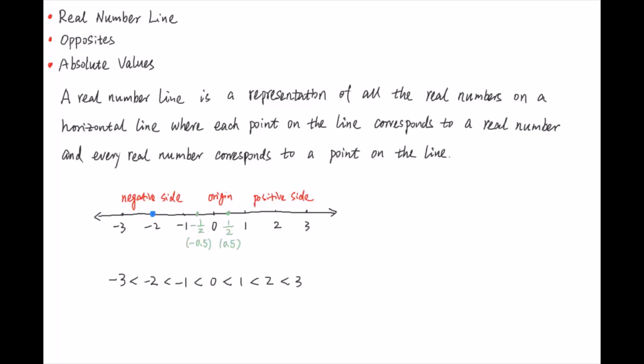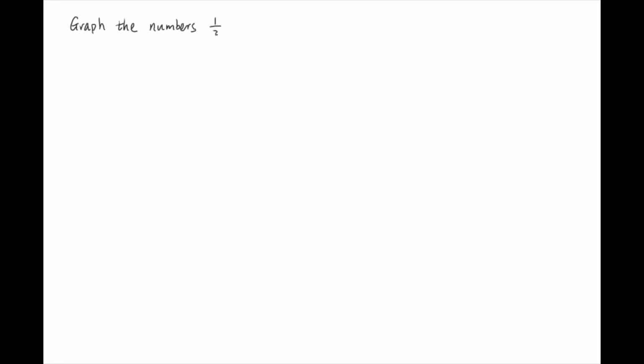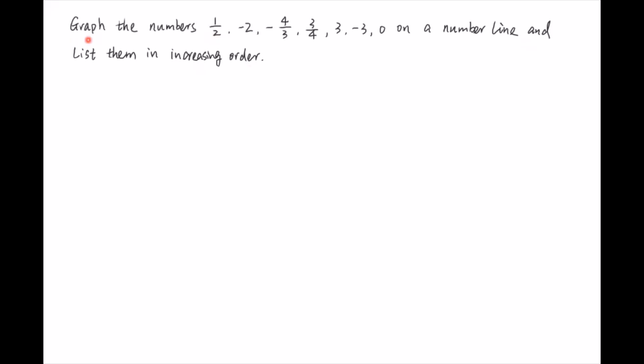Let's see one example. Graph these numbers on a number line and list them in increasing order. Now we can draw the number line. Here the origin, 1, 2, 3.